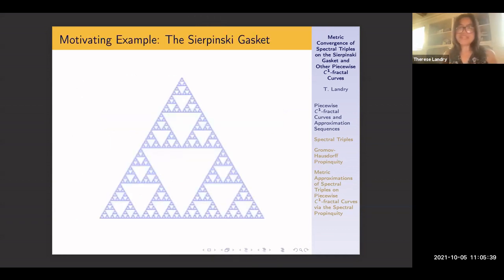So here's our motivating example, the Sierpinski gasket. And the reason is that this is a fractal that satisfies a lot of non-equivalent definitions of fractality. In the fractal geometry community, there are many non-equivalent definitions, and there's a lot of different phenomena that everybody agrees should be called a fractal, but they might not satisfy all of these definitions.